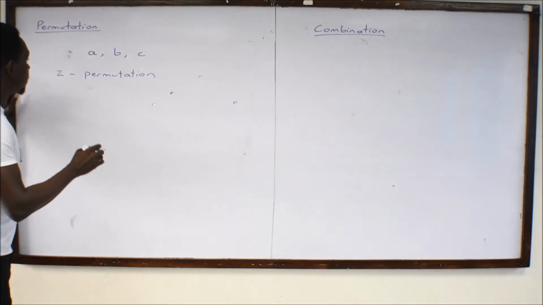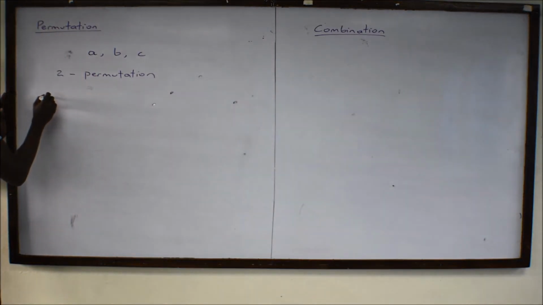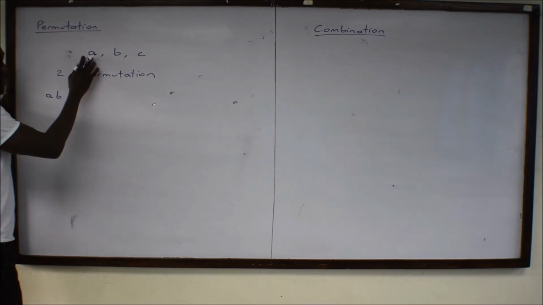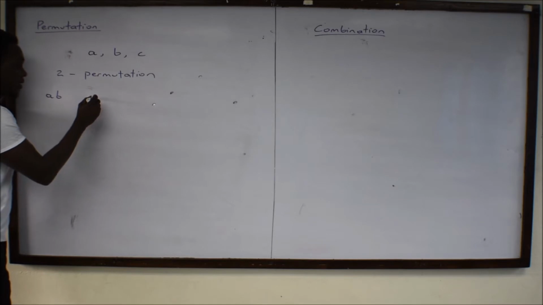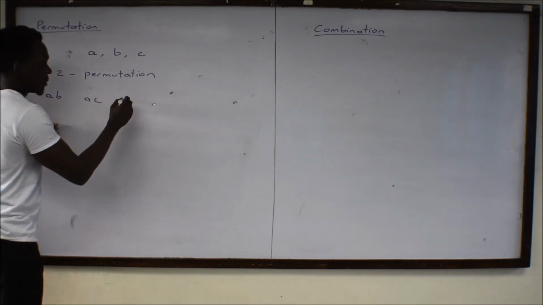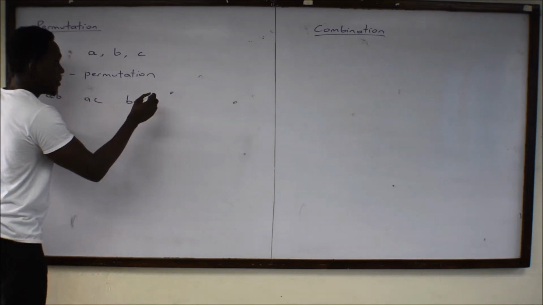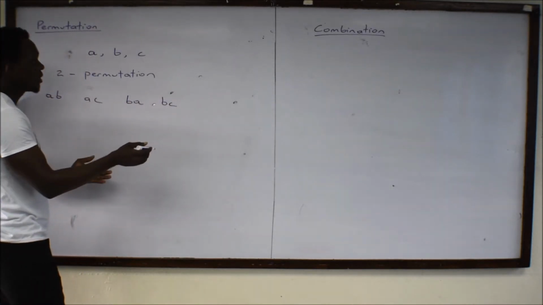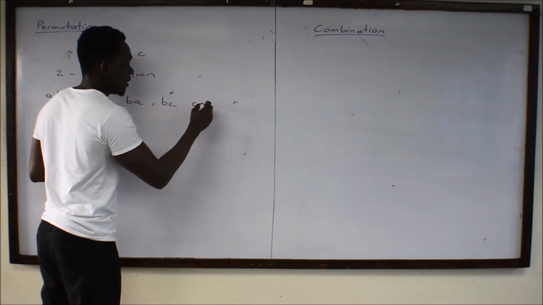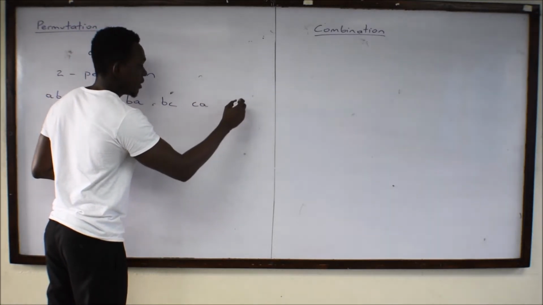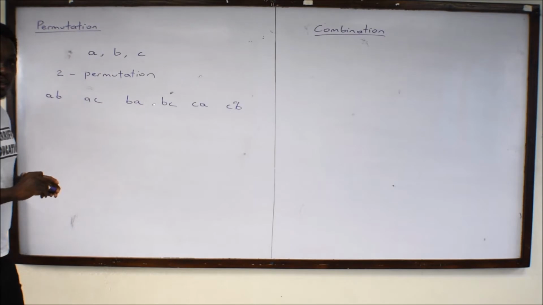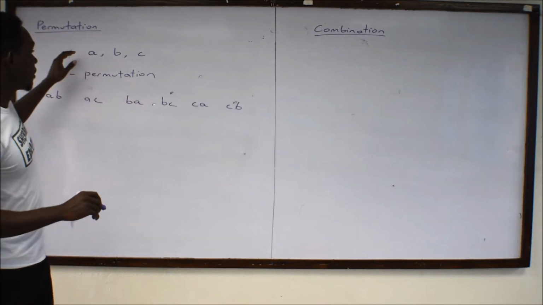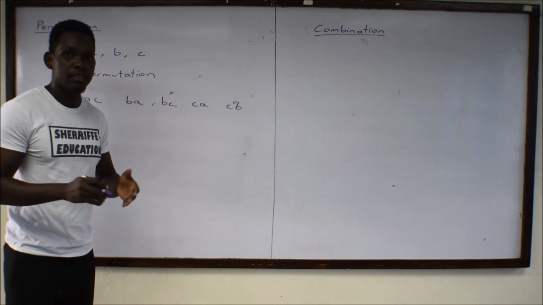So I could select AB, I could select AC, you could say BA, you could select B and C, or we could say CA and CB. So we have 6 2 permutations for A, B, C.